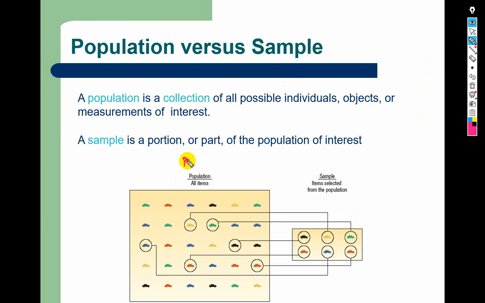So the word parameter, in Arabic we call it "mu'allima". Parameter, that point actually I need it later on. Parameter. And the second one is statistic without S. Okay, statistic.